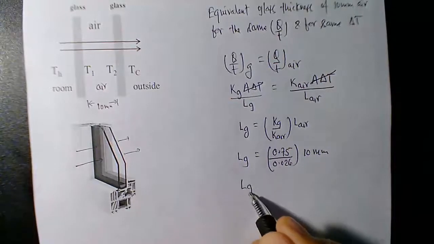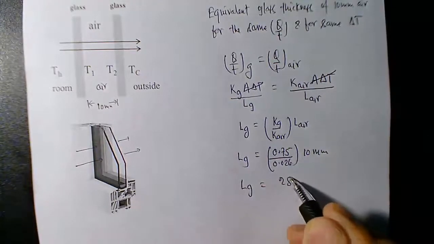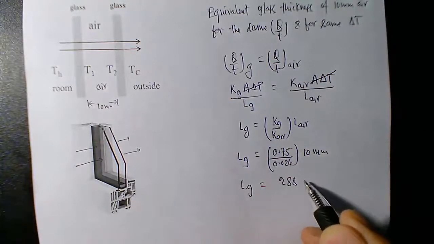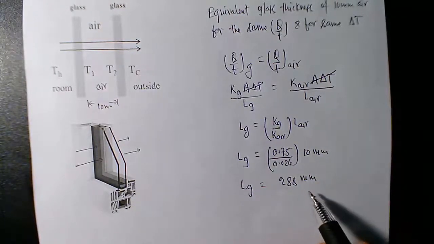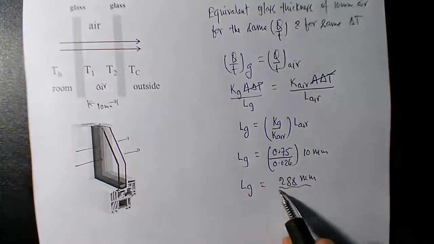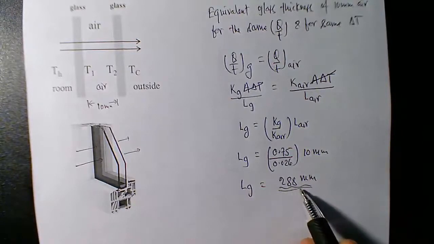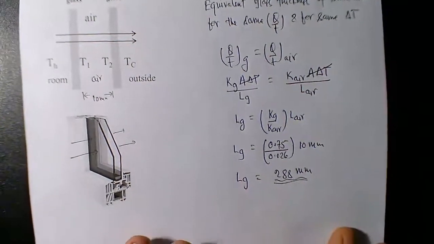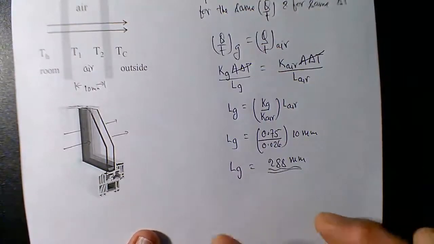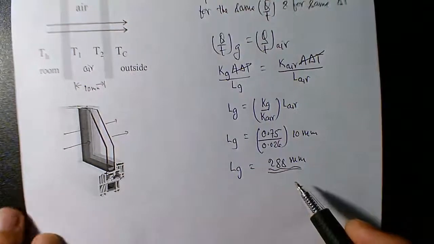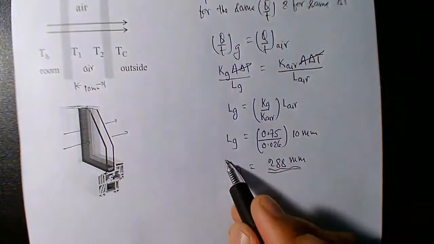If you do that, this is going to be 288 millimeter. So you can clearly see 10 millimeter of air is equivalent to 288 millimeter of glass. In order to conduct the same amount of heat, you need a really thick glass if you want to insulate the same temperature difference.